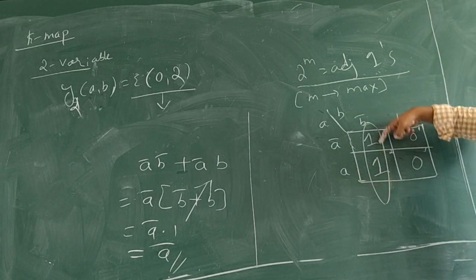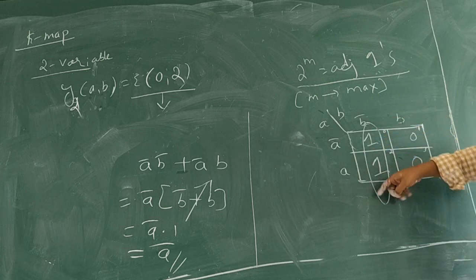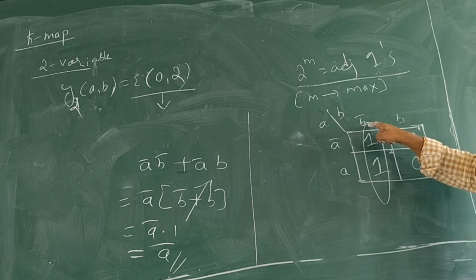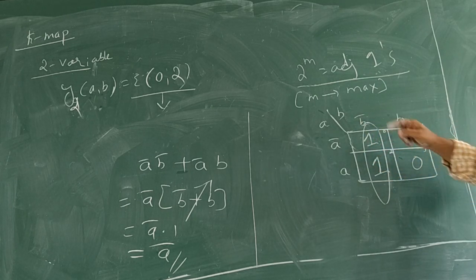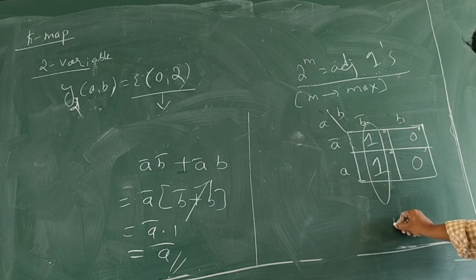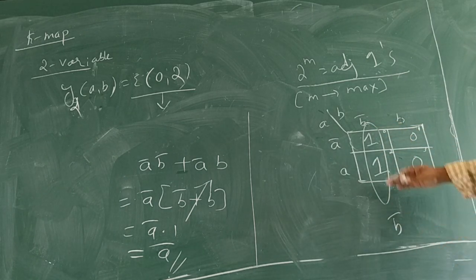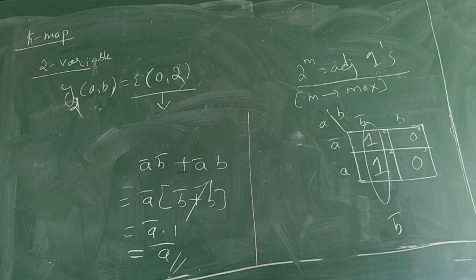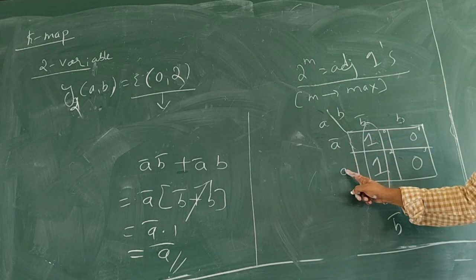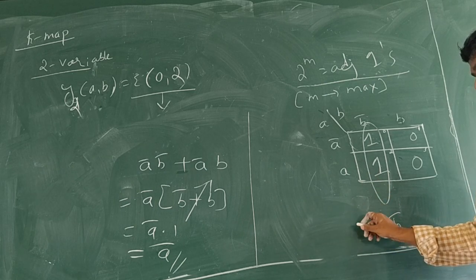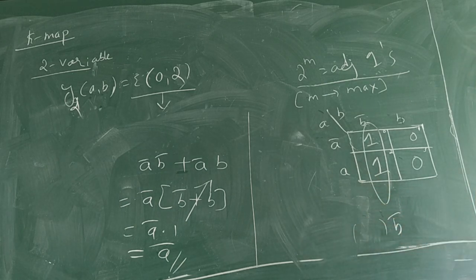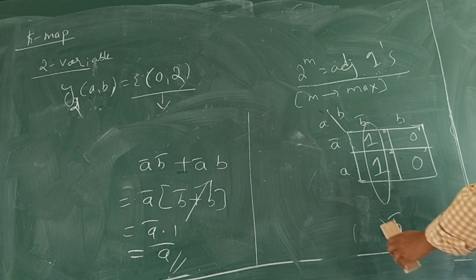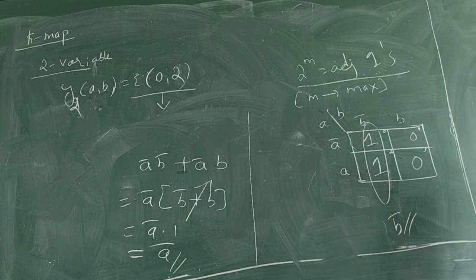Cover is vertical. So if it is vertical, what is common thing? Column variable is common. B complement. So in how many rows is it? It is present in 2 rows. First row is A complement, second row is A. You can imagine here in the bracket A complement plus A, which will give us 1. 1 into B complement, hence we will directly get it as B complement.